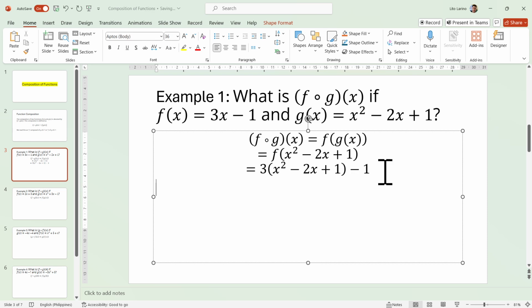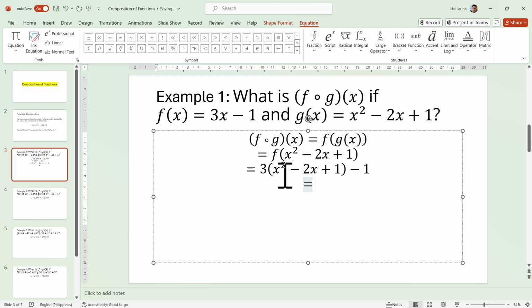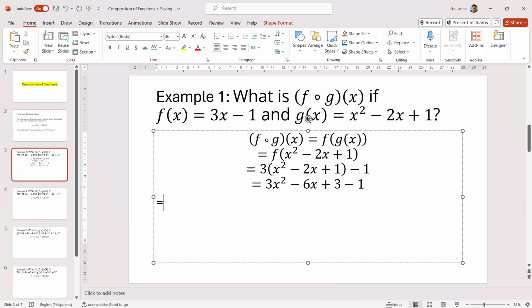And that is, simplifying, we have 3 times x squared is 3x squared. 3 times negative 2x is negative 6x. And then 3 times 1 is plus 3 minus 1. Then combine like terms, we have the constant.